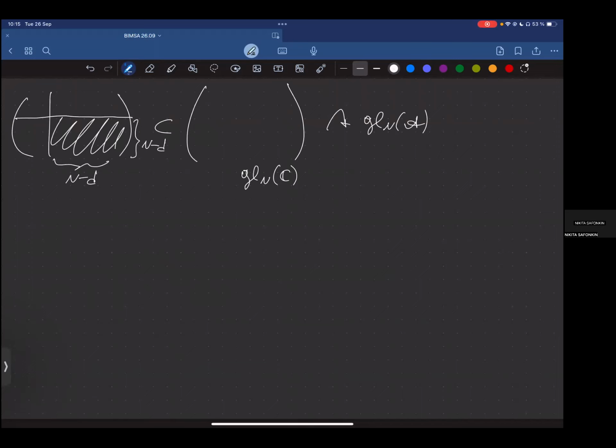Here we have n minus d and n minus d, and here we have d and d. So this algebra, which I denote by GL_d of n, is spanned by the matrix units whose indices are greater than d.